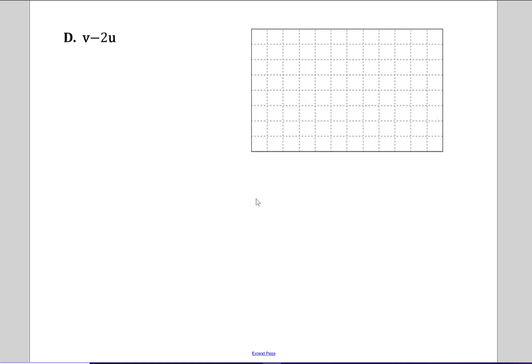Okay, and the last one is v minus 2u. So v began, we'll start v down here, go 1, 2, 3, 4, 5, and to the right 2. So vector v is right here. And then we want to go in the opposite direction of u twice. So u went 1 down and 4 right, so we want to go 1 up and 4 left, and then we want to do it again, 1 up and 4 left.